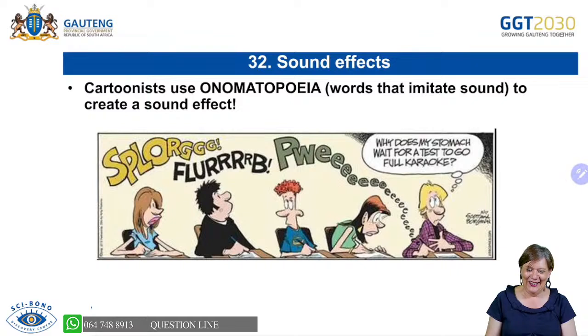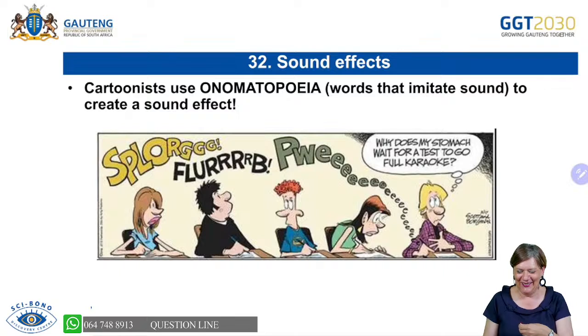Right. Now, as I said to you, our cartoonist can't include sound. So he has to find another way to include sound. So it's poor Jeremy once again. And now he has included what we call onomatopoeia. Onomatopoeia is words that imitate sound. Now look at this cartoon.